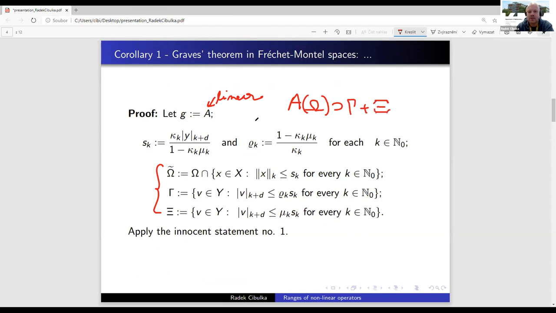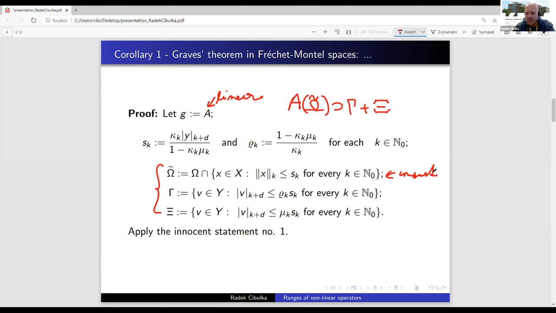So this is the approximation error, and this omega is intersected with the set which corresponds to the size of the solutions. When you make this intersection, this set is not only convex but also compact because of the Heine-Borel property. So you can apply the abstract statement, and you end up with Graves' theorem in Fréchet-Montel spaces.